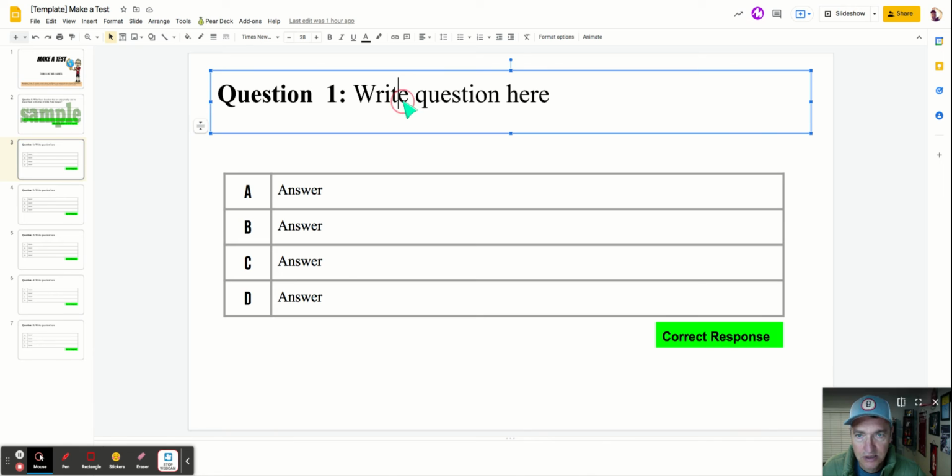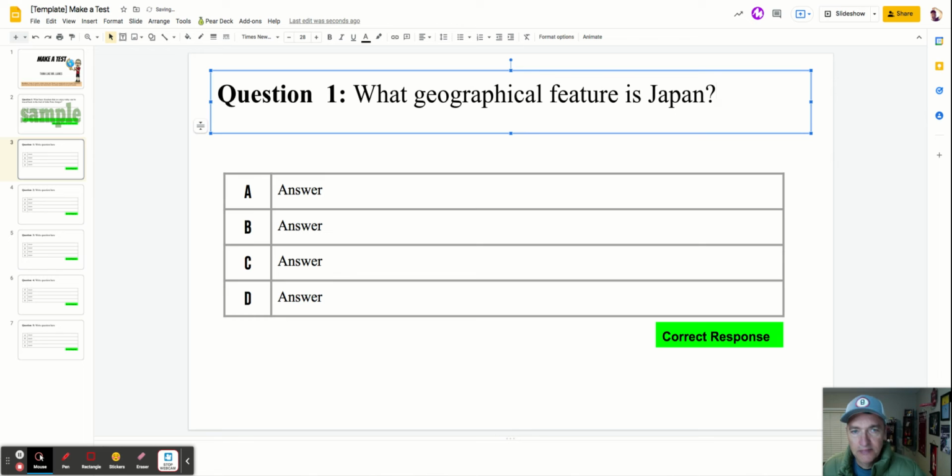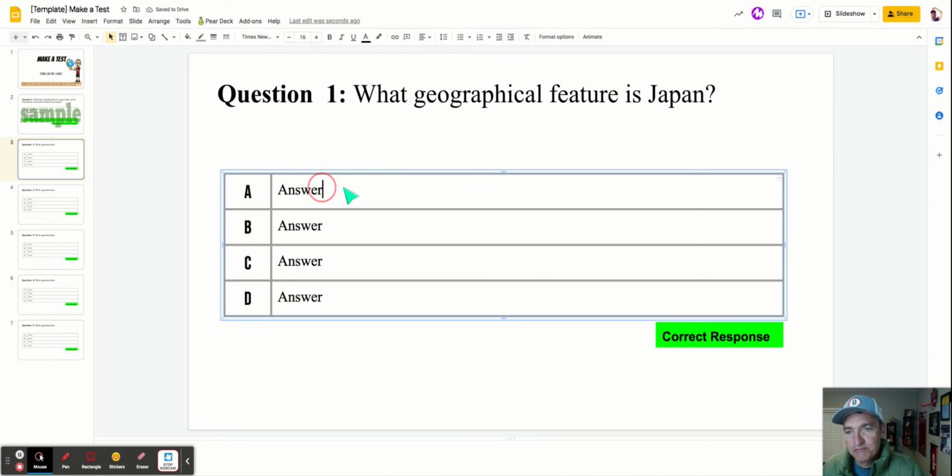Let's try one out. So let's say, what geographical feature is Japan? Is it a peninsula?